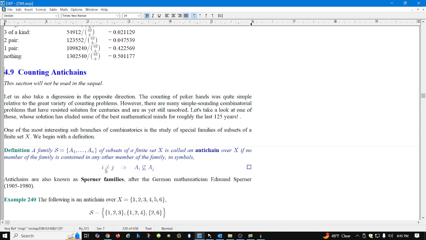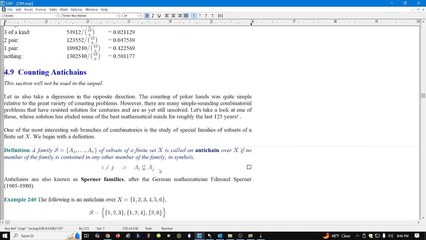So here it is in symbols: I different from J implies A sub I is not a subset of A sub J. This is not a complicated condition. It's not intended to be a complicated idea. We already know what a chain is. A chain is a totally ordered subset, which means given any two elements of the chain, one is contained in the other.